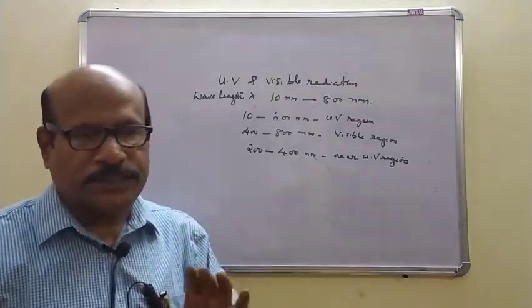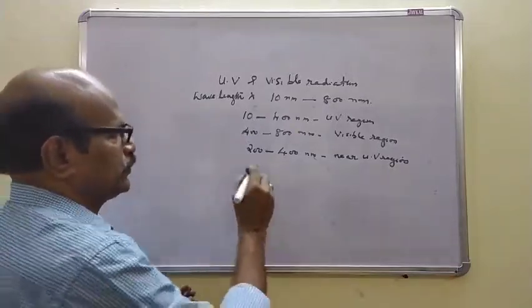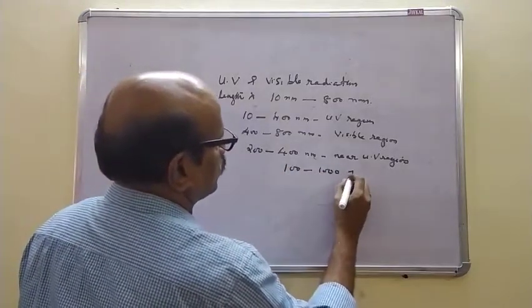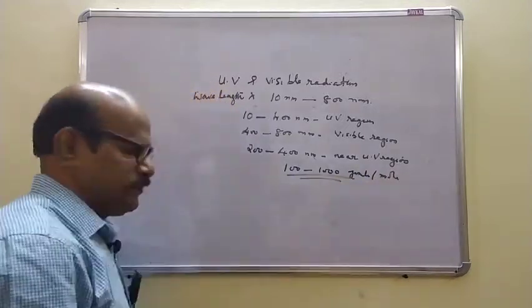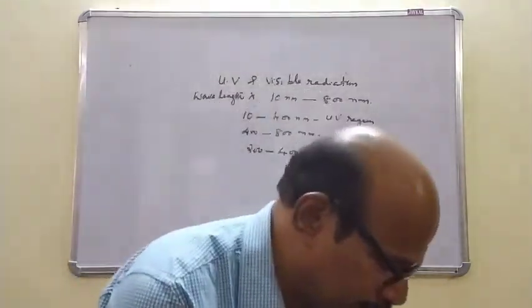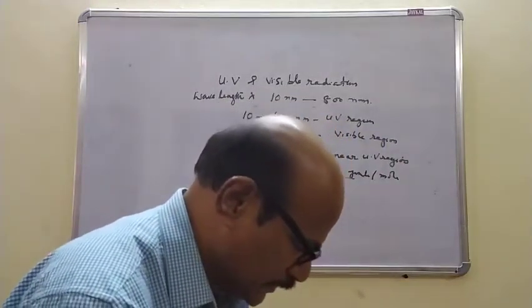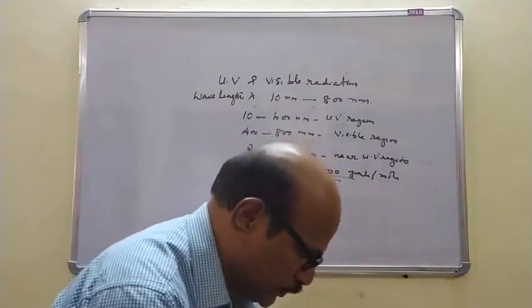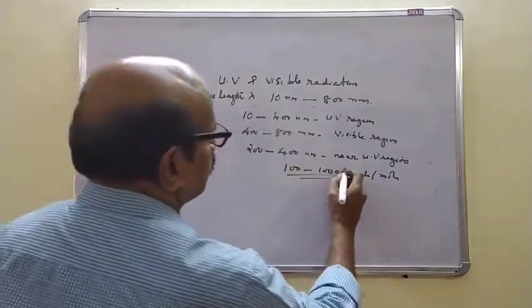As you know, the energy associated with the UV and visible radiation is of the order of 100 to 1000 kilojoule per mole approximately.